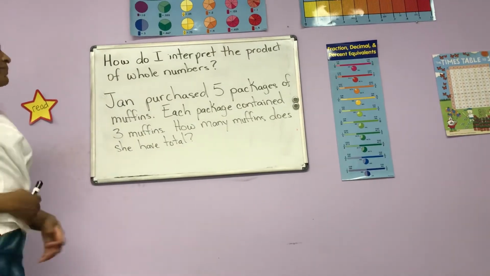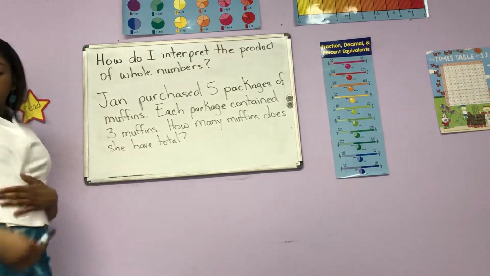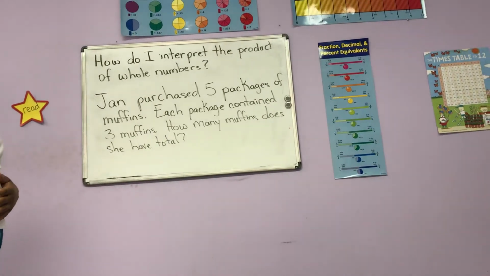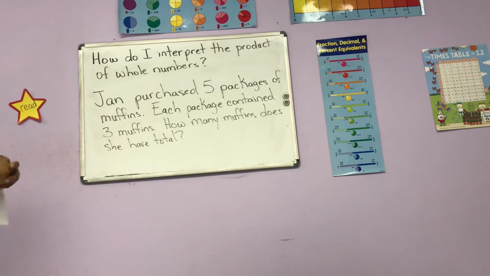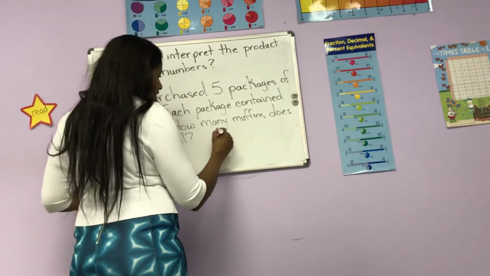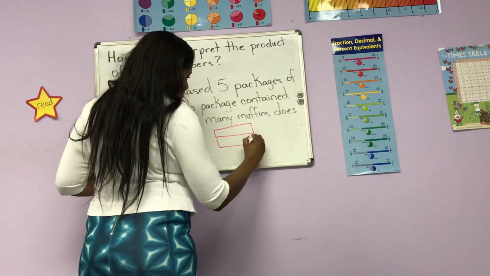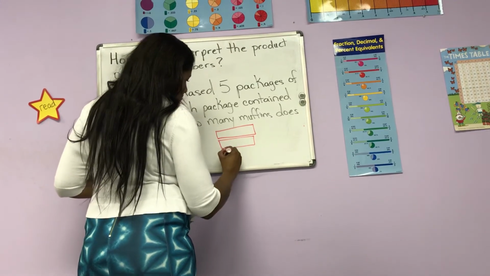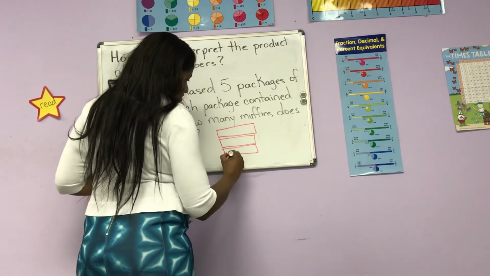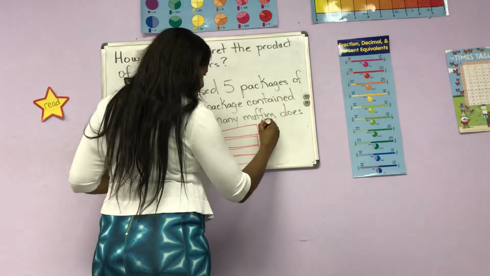So in this problem, I'm looking for the total, so I know I'm looking for the product of my multiplication. So I have 5 packages, so I can make an array. Well, we can do it like this. So we have 1, it's kind of look like packages, 2, 3, 4. Should I make these a little smaller?